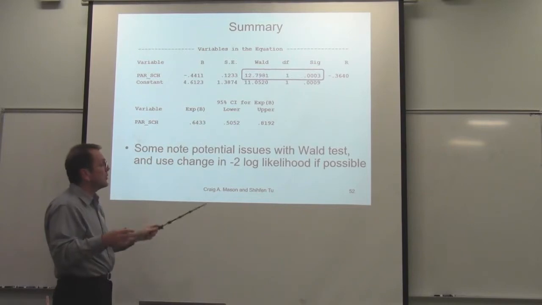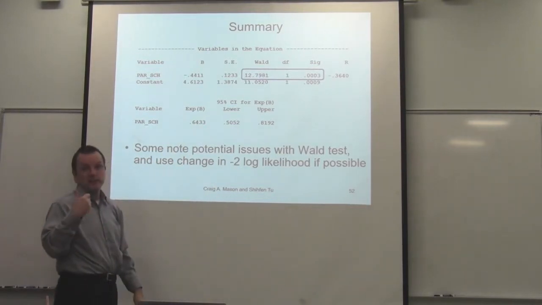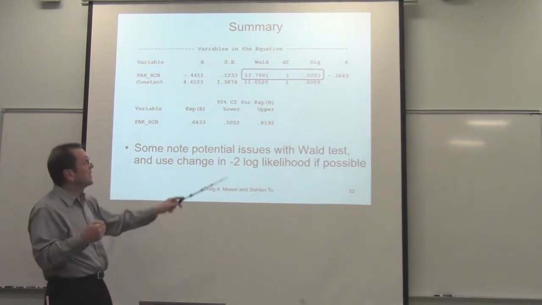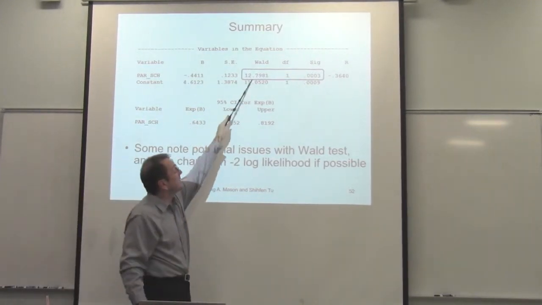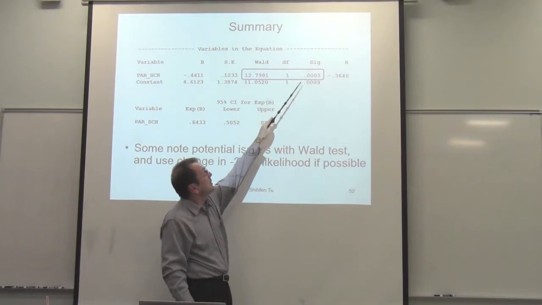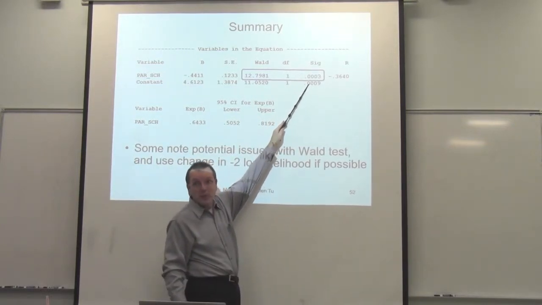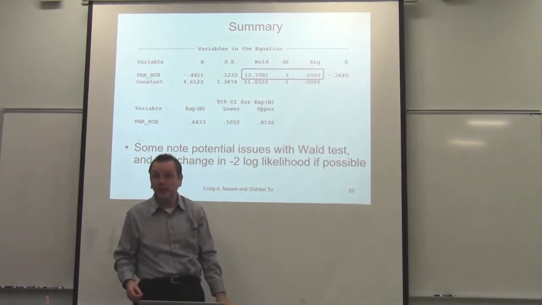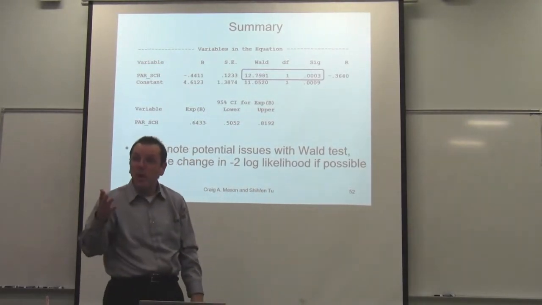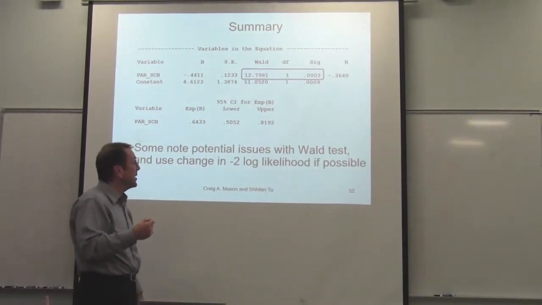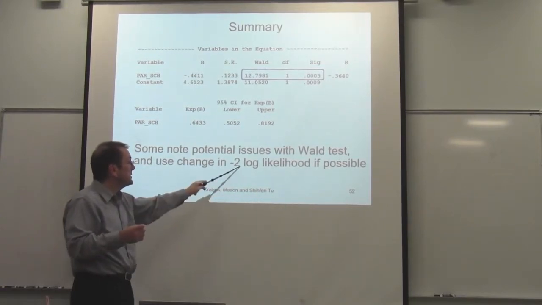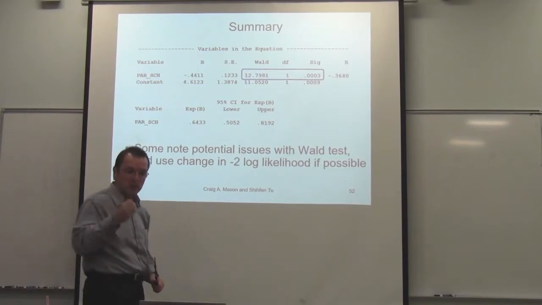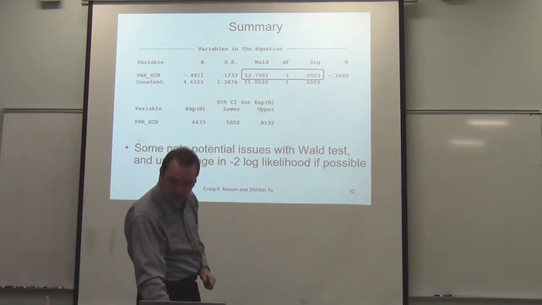So in general, I prefer doing the difference in the -2 log likelihood instead of the Wald test. Notice it's not coming to exactly the same conclusions. The p-value is 0.003. It's very close. You're not going to substantively draw things differently. But I don't think it's as robust as the -2 log likelihood difference. If you can do that, that's a cleaner way to test the difference.